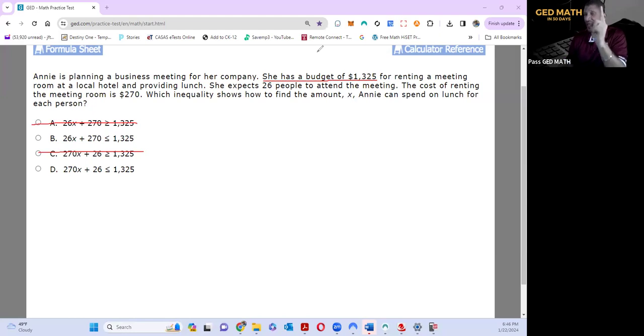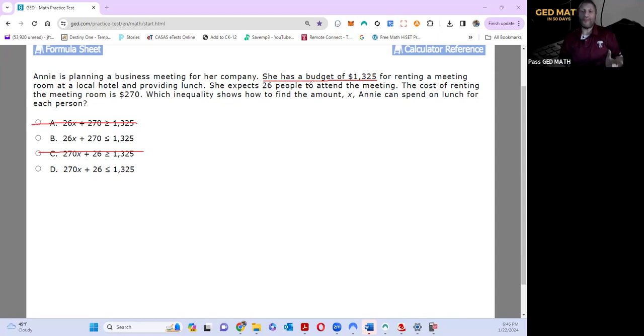How can we get rid of A and C just by knowing this simple fact? Anybody? Is it because of the cost, 270? Nope, it has nothing to do with the cost at all. Not yet. Listen to what I'm saying.